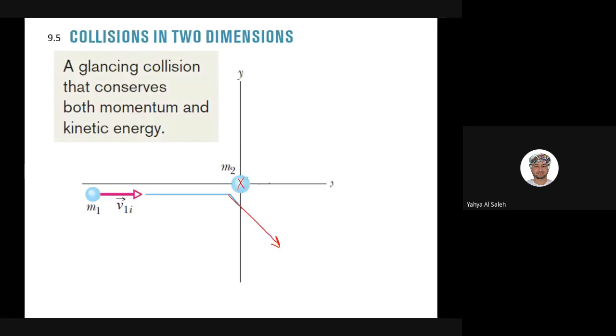Now, what happens if this collision is actually in 2 dimensions, not 1 dimension? Say, for example, we have this ball here, and something comes, hits it. One goes upright, one goes bottom right. How do we do the calculation here? By components?